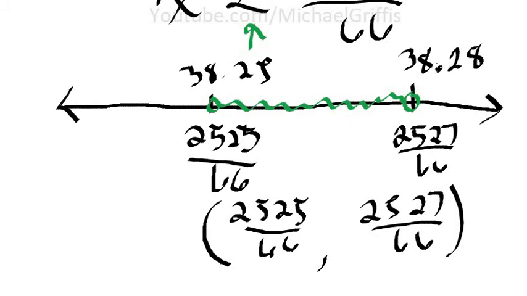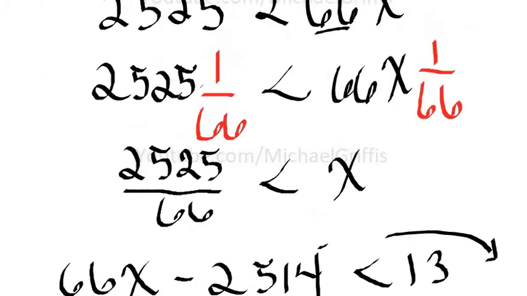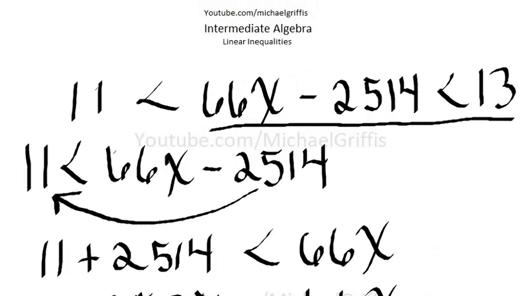So sometimes we got to do that so we can get an idea, right? So that's a pretty small interval. If we were to look at 38.26, which is somewhere right in there, and plug it into the original, that should make that a true statement.